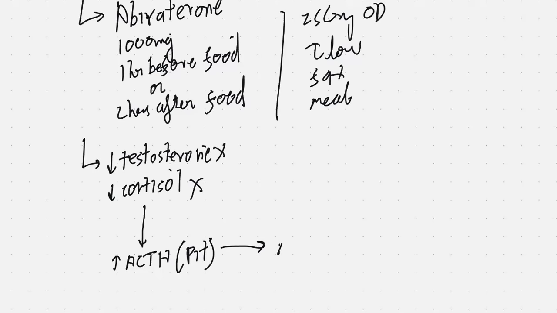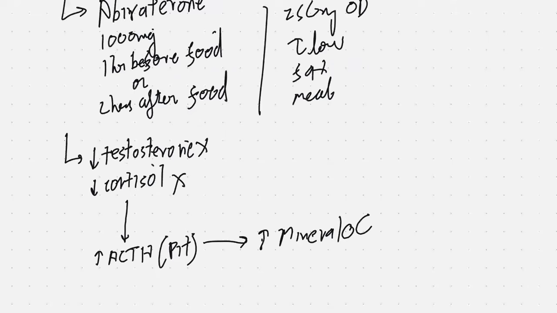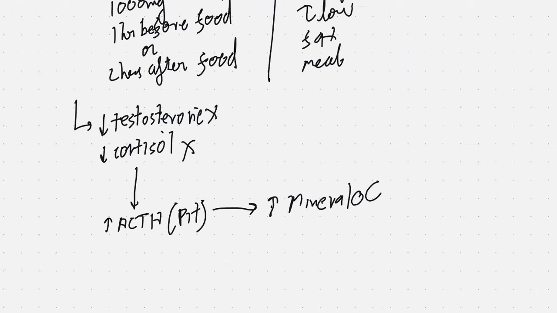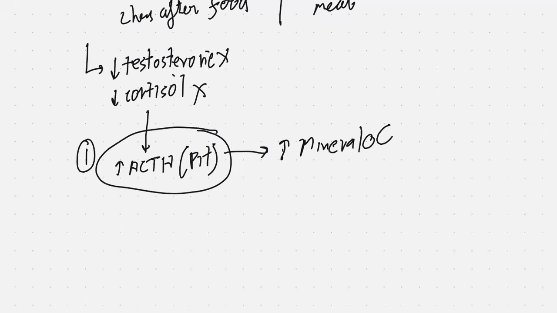And these mineralocorticoids, as we'll talk about later, have a bunch of side effects, such as fluid retention, hypokalemia, etc. So, to prevent this surge in ACTH, we supplement the patient with steroids. Okay, so that is the number one reason: to prevent the surge in ACTH and increase in mineralocorticoids. The second reason we supply steroids is to prevent adrenal insufficiency due to decrease in cortisol. So, due to these two reasons, we give steroids with abiraterone always, right?